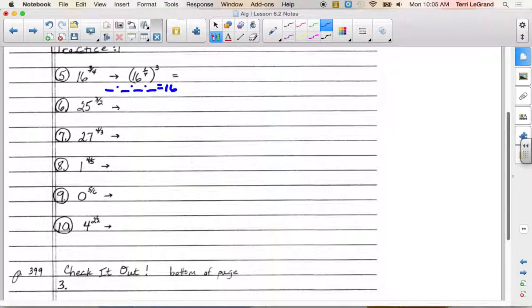It's 2, isn't it? Yeah, 2 is that number. So 2 times 2 times 2 times 2, that is 16. So now what we had in parentheses actually became 2. And those parentheses really aren't very important because that's not a negative number, is it? So now we just say, what is 2 to the 3rd power? 8. And there's our answer.